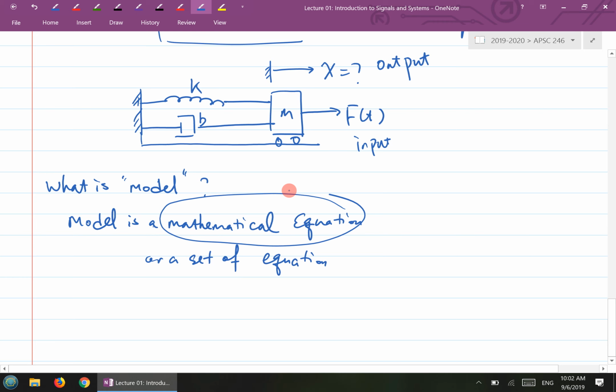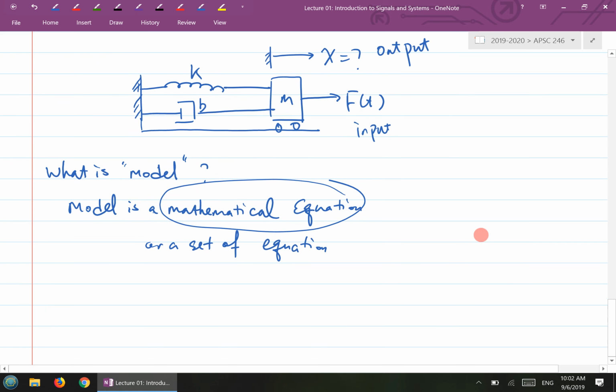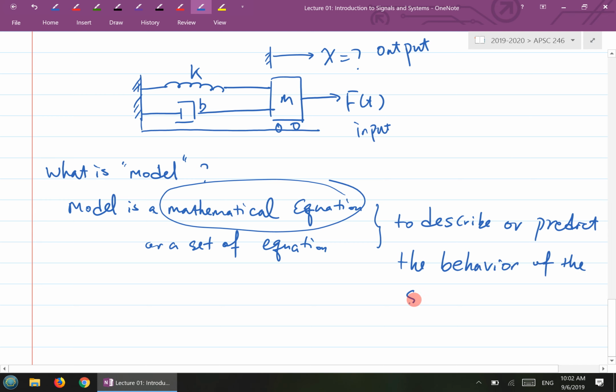So a model is a mathematical equation or set of equations to describe or even predict the behavior of the system.